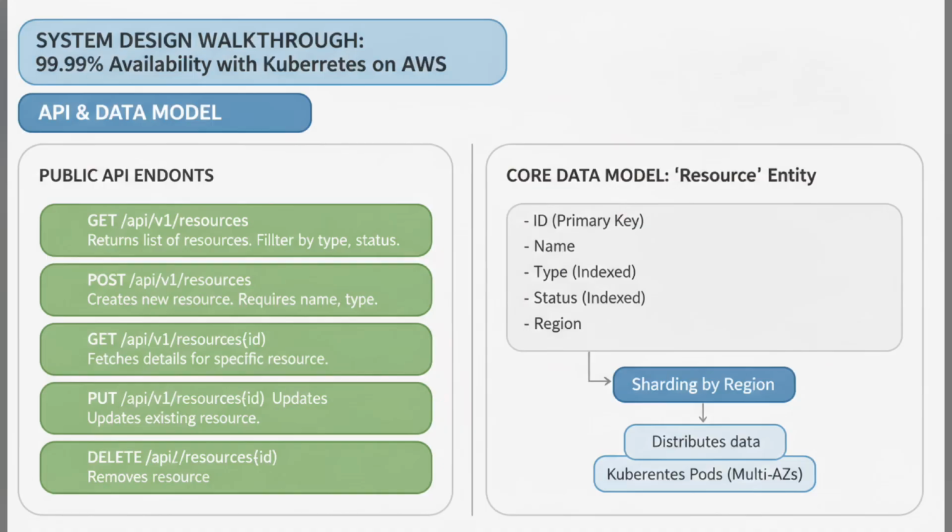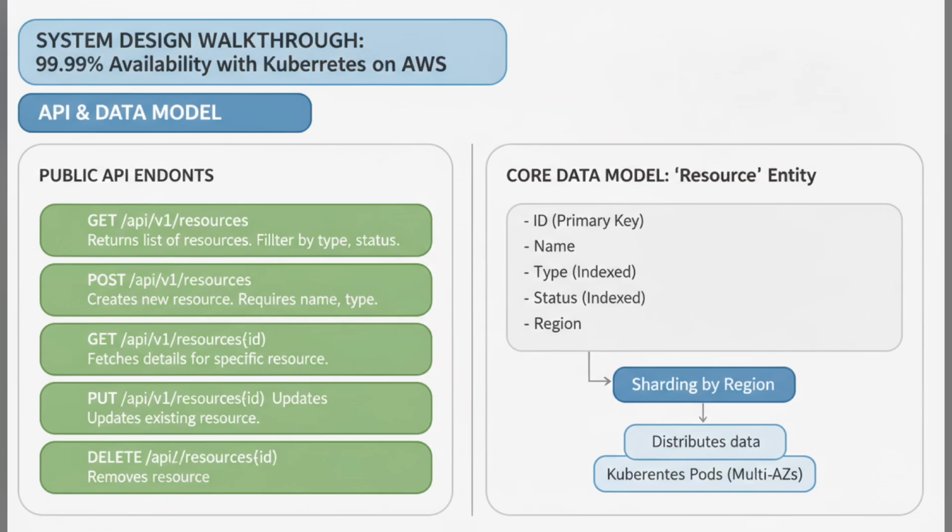Today, I will outline the key public API endpoints and the core data model for our system, designed to maintain 99.99% availability during regional failures using Kubernetes on AWS. Our API consists of several key endpoints. The first is GET /api/v1/resources, which retrieves a list of resources. Each resource includes fields such as ID, name, type, and status, ensuring clients can filter based on type and status.